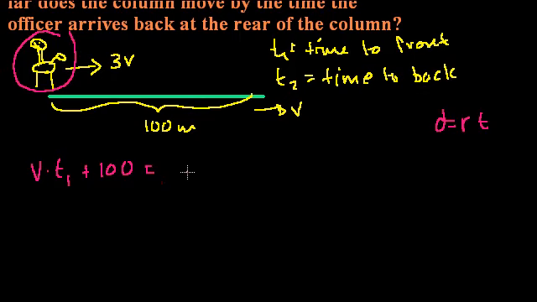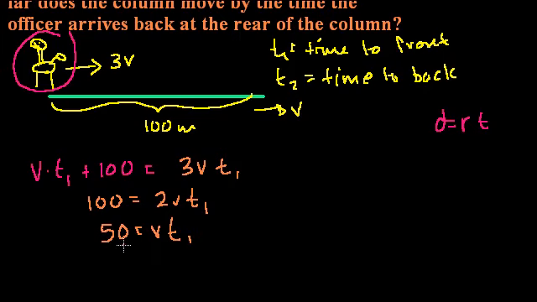Well, distance is equal to rate 3v times time t1, time to the front. So this is a relationship between velocity and the time to the front. And let's see if we can simplify this a little bit. If we subtract vt1 from both sides, we get 100 is equal to 3vt1 minus vt1. That's 2vt1. And divide both sides by 2, you get 50.